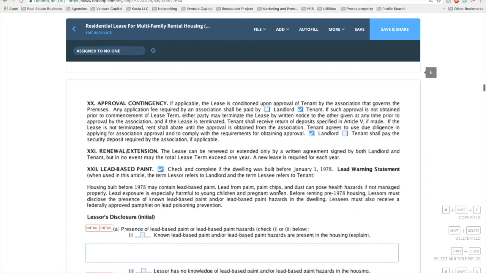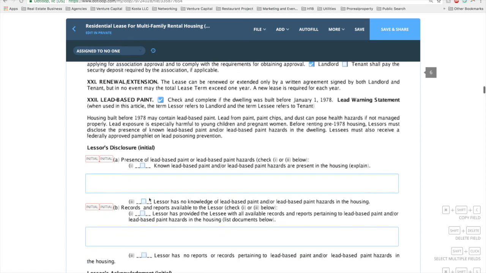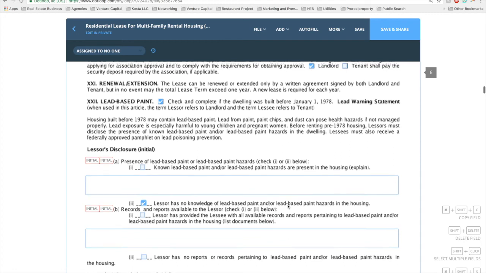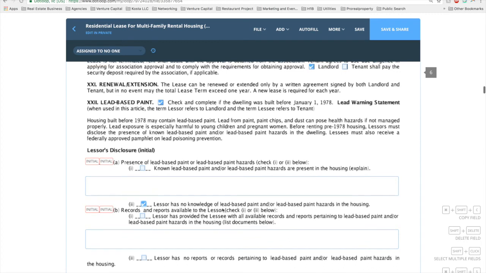Lead from paint chips and dust can pose health hazards if not managed properly. So presence of lead-based paint or lead-based paint hazards, check. Known or unknown. So this has to be reconfirmed with the listing agent. In our case, the landlord says they don't have any knowledge, so we put lessor has no knowledge of lead-based paint or lead-based paint hazards in the housing.